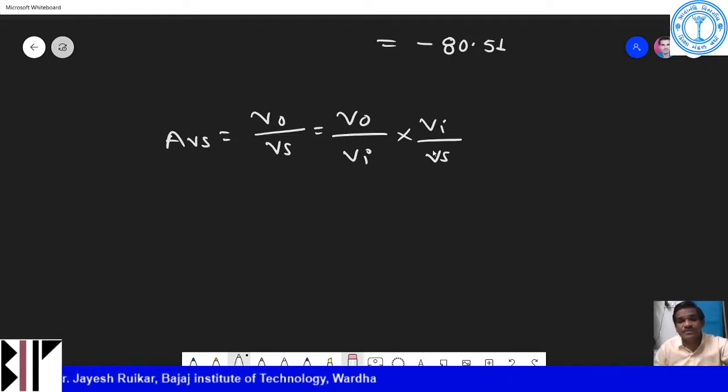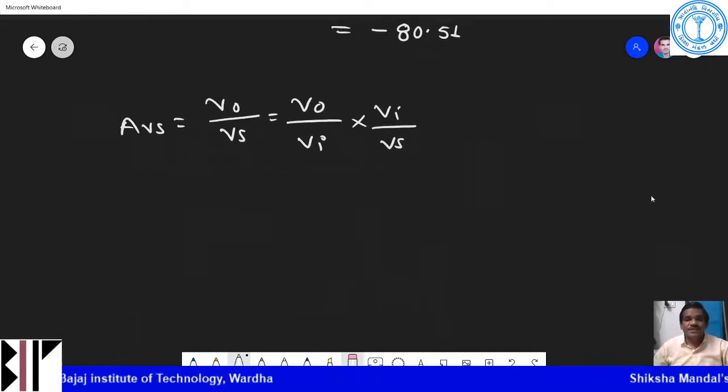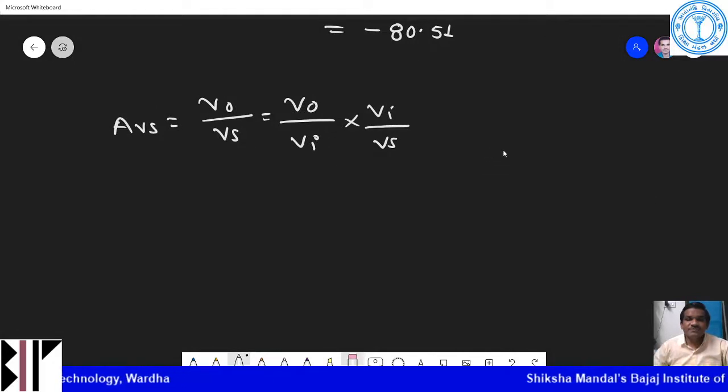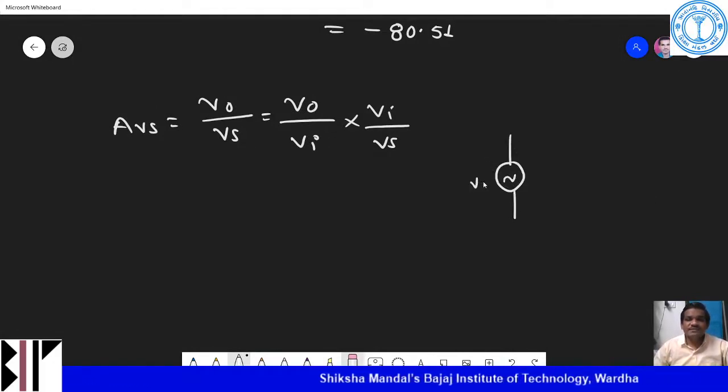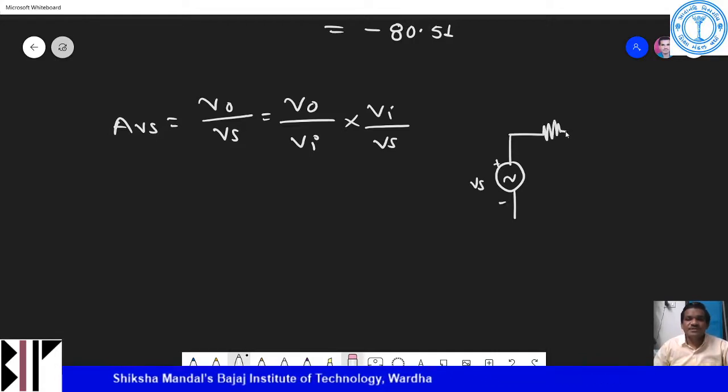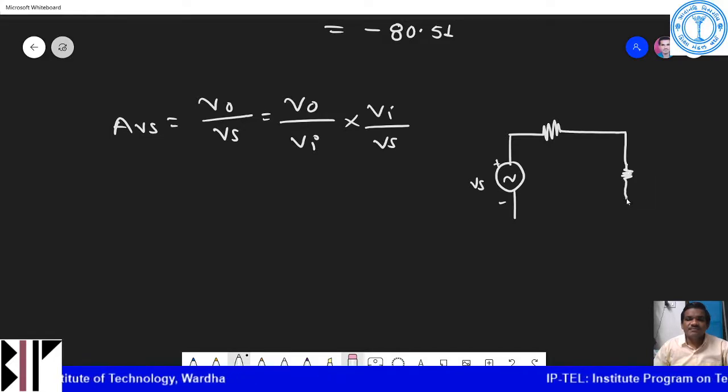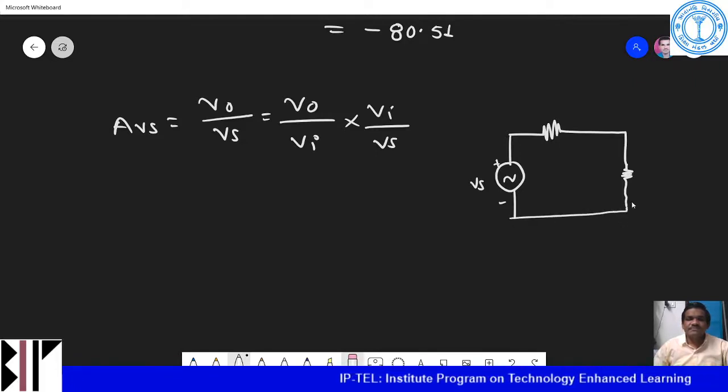Considering the source. If you see that particular diagram, this is the source voltage, that is my Vs, and then we have a source resistance Rs, and then we have the input resistance on the right side.